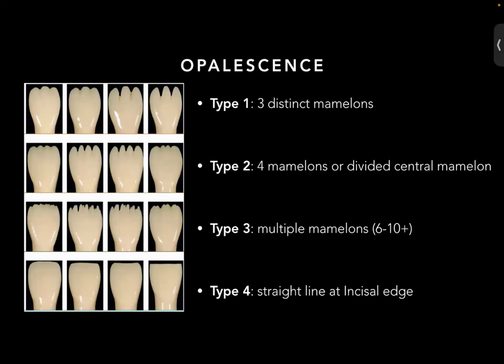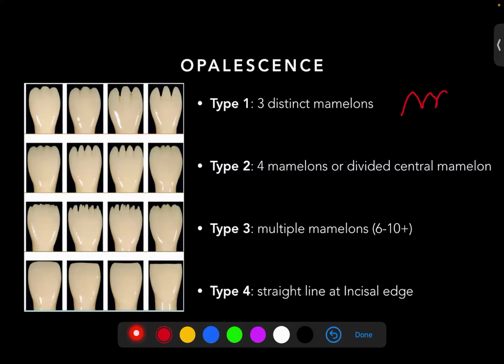Now, type 1 is 3 distinct mamelons, which is 1, 2, and 3. Type 2 is 4 distinct mamelons, or if you consider this type 1, it is getting divided into 2, and you have 4 mamelons.